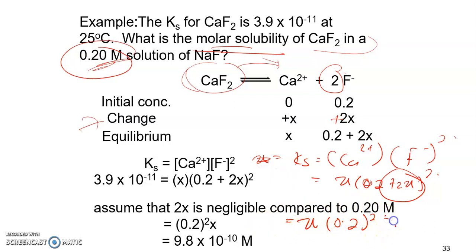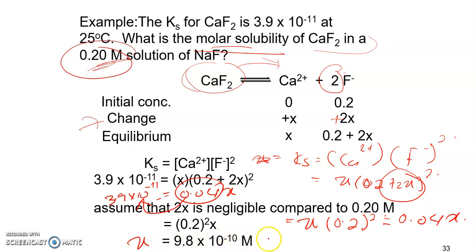If we solve it, we get 0.04 S, and then we rearrange, moving 0.04 to the other side. That's why we get S is 9.8 times 10 to the power of -10 molar. That is how we calculate the molar solubility of CaF2 in a solution of NaF, or sodium fluoride.